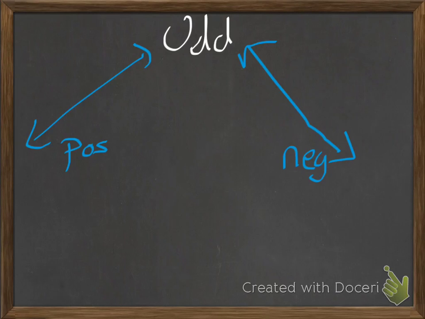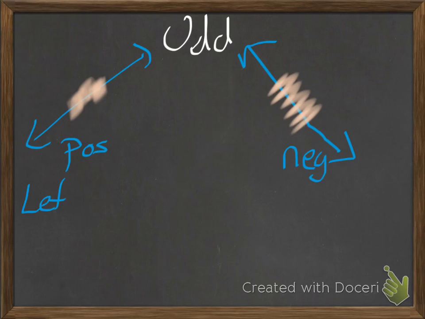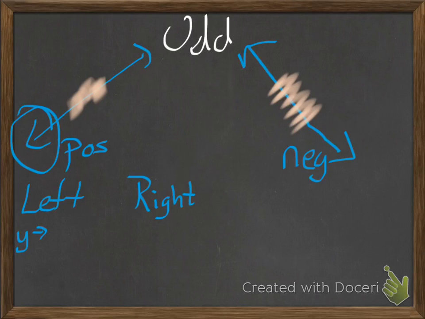Just like in the other ones, we don't know what's happening in here. On the left and the right, we're going to identify what y approaches. On this one, the left-hand side is negative infinity.